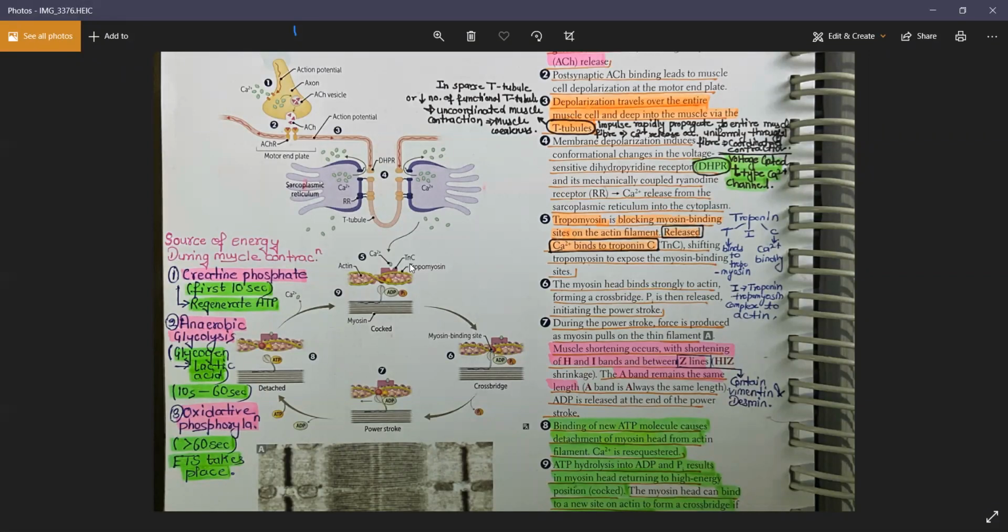So this calcium binds to troponin C, and as soon as the calcium binds to troponin C, the tropomyosin will be removed from the actin and the active sites are exposed, right? Whenever that happens, the ATP will bind to the myosin, and the myosin has ATPase activity.